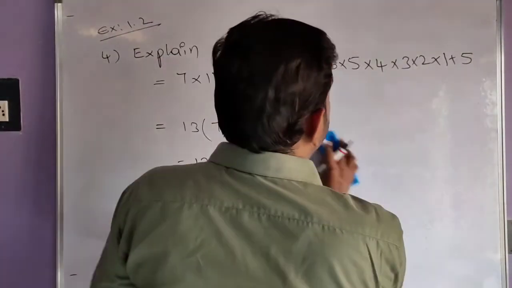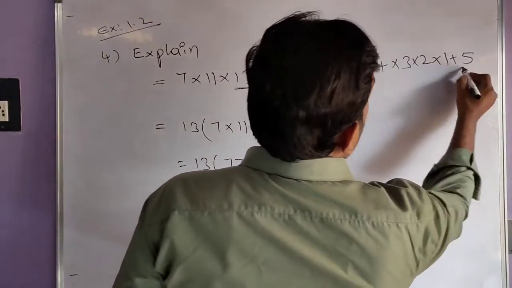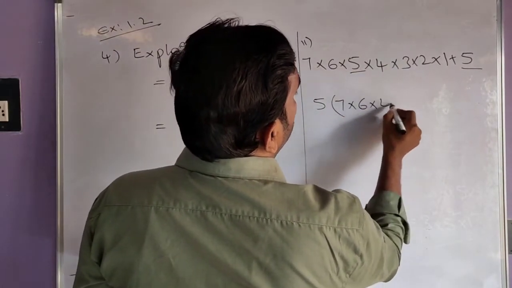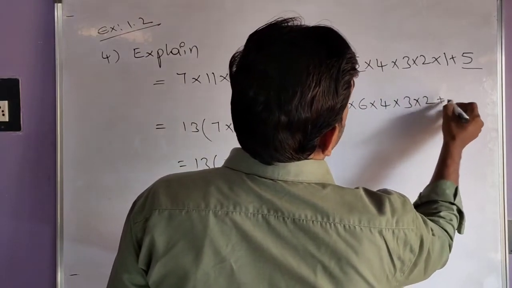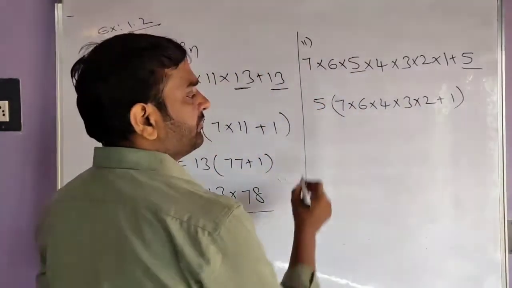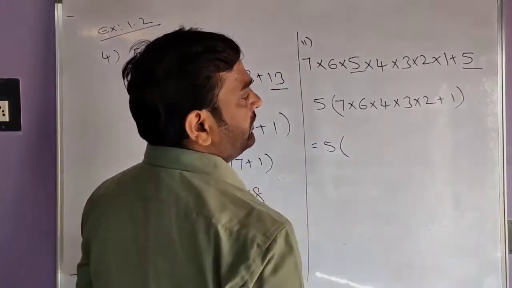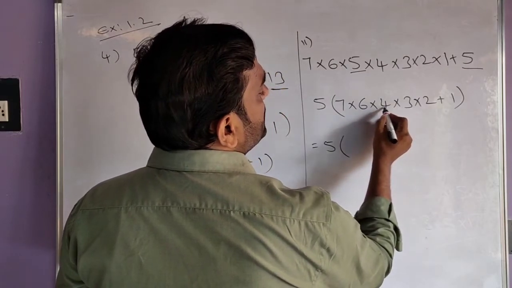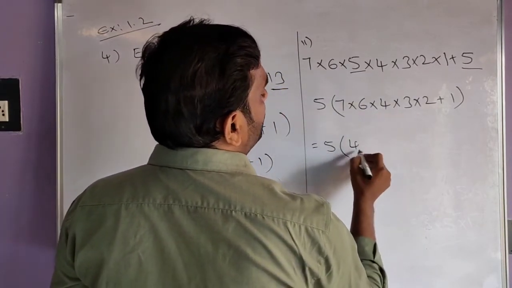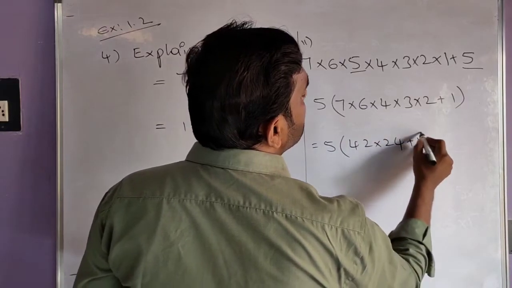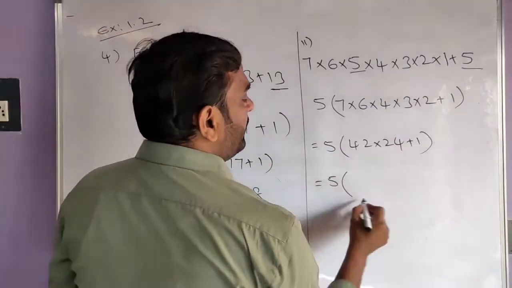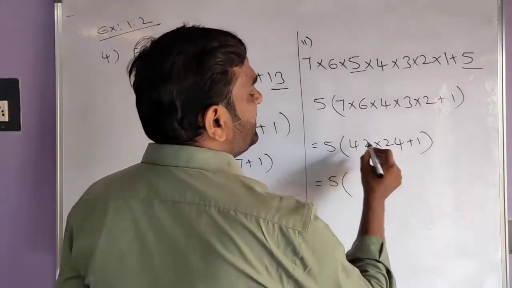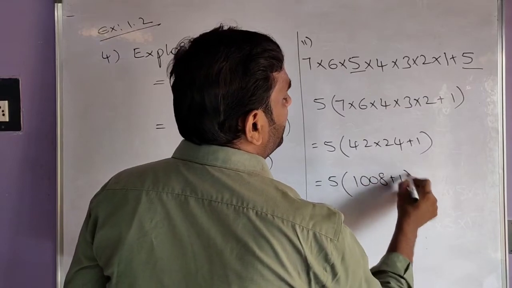Coming to this one, here 5 is the common factor. Take 5 as common. Then the remaining is 7 into 6 into 4 into 3 into 2 into 1 plus 1. You will get 5 of: 2 threes are 6, 6 fours are 24, 7 sixes are 42. So 42 into 24 plus 1. 5 of (24 twos are 48, 24 fours are 96, plus 4 is 100) plus 1.